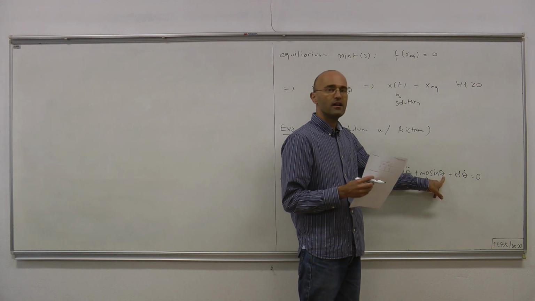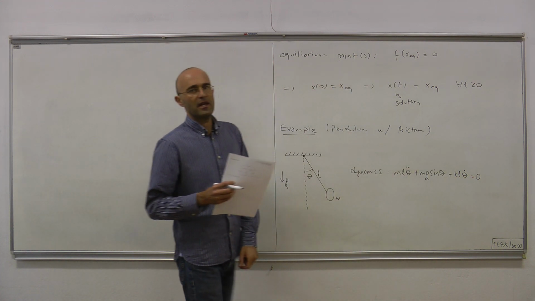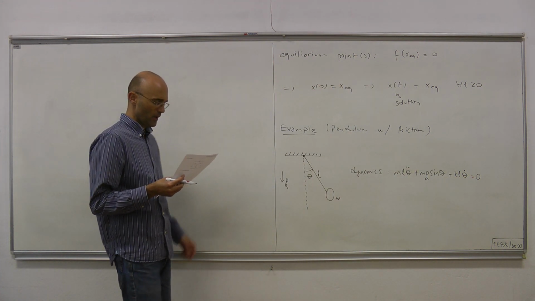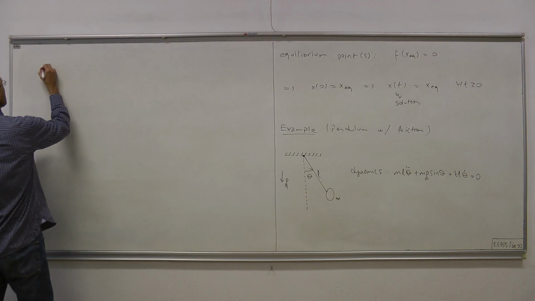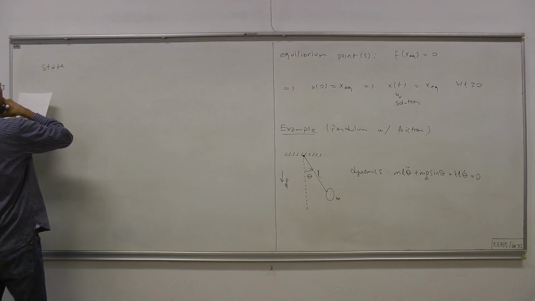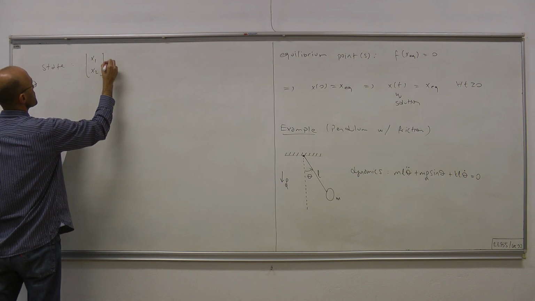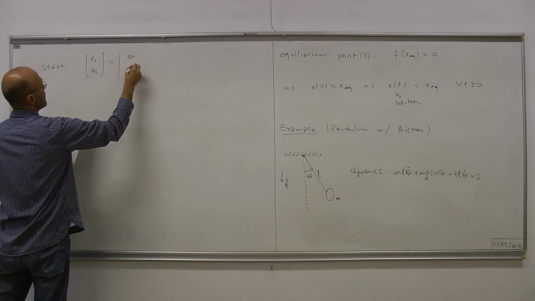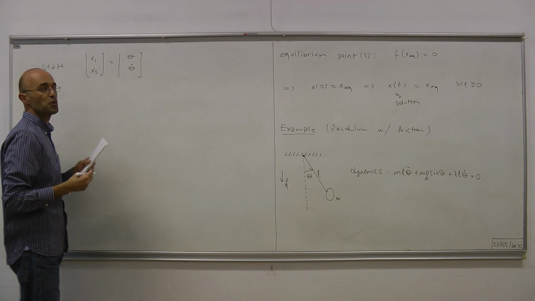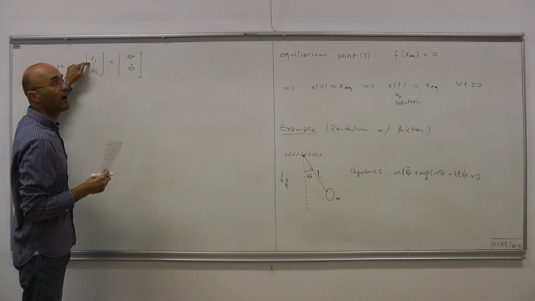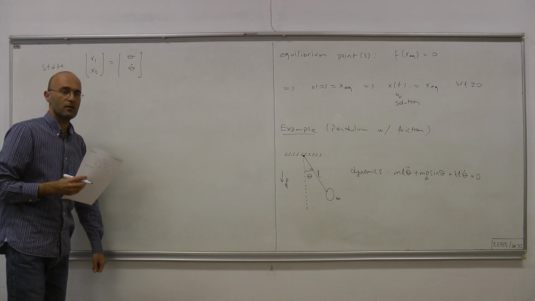One of them is theta, the other is theta dot, namely the angular velocity. With that choice of state, x1, x2 are chosen as such. x1 is now the angle, x2 is the angular velocity.